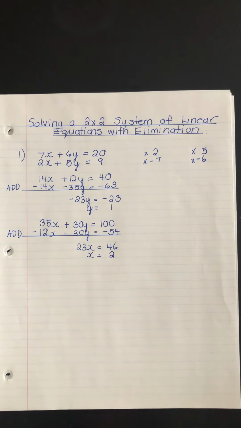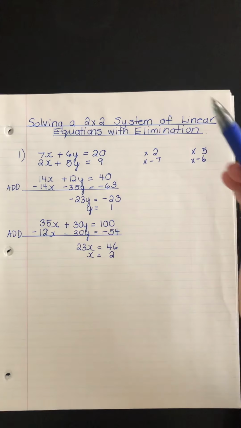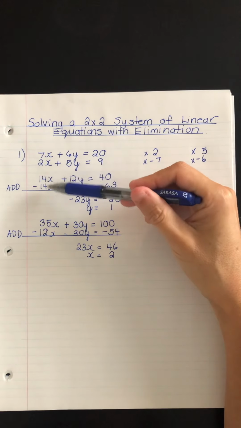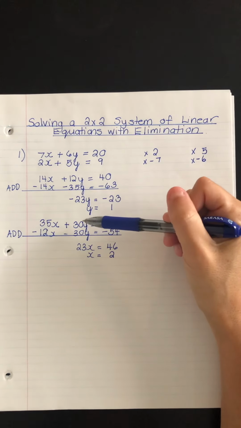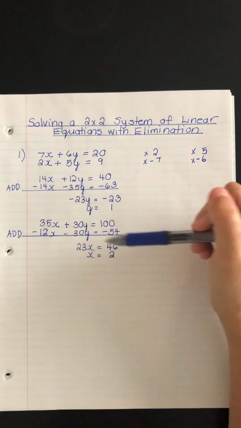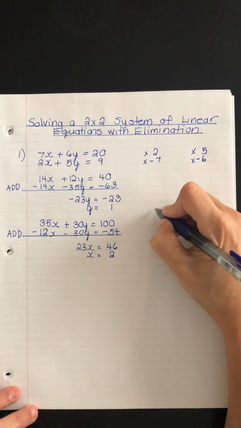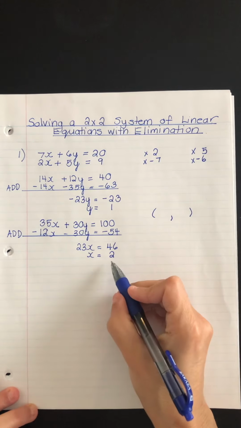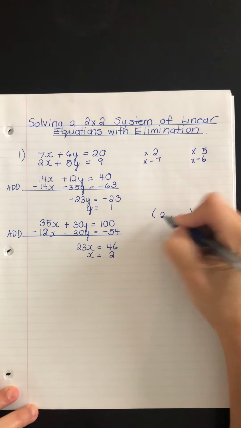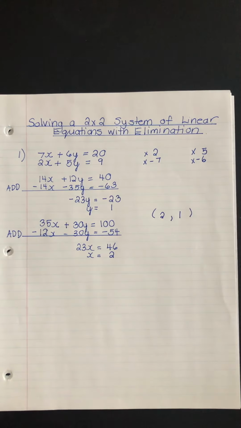And at that point, we're done because we have first eliminated x and solved for y. Then we have eliminated y and solved for x. And when you write your answer, you write it as an ordered pair. So you make sure you write the value of x first and then the value of y.